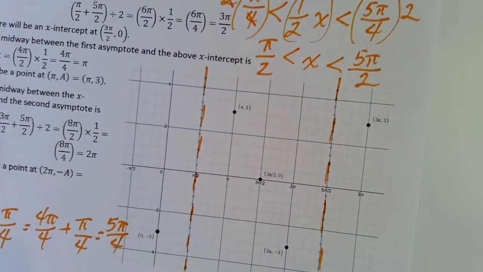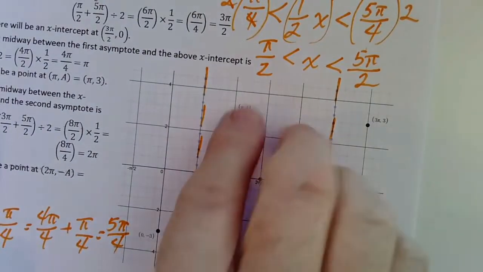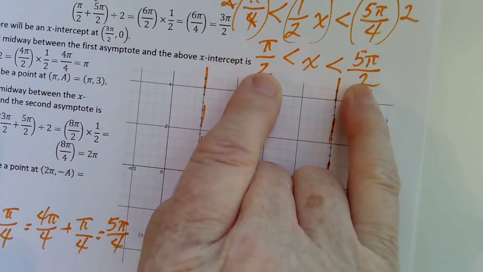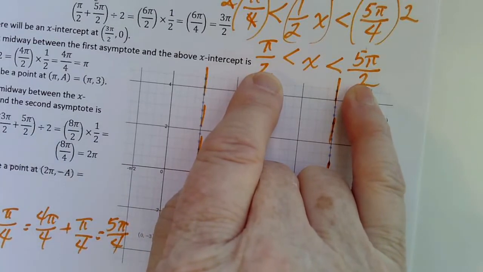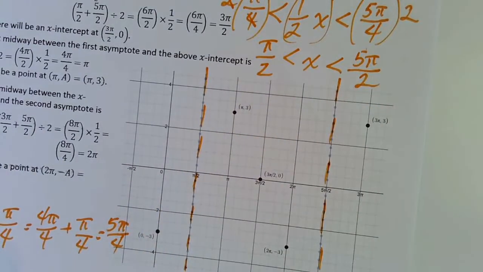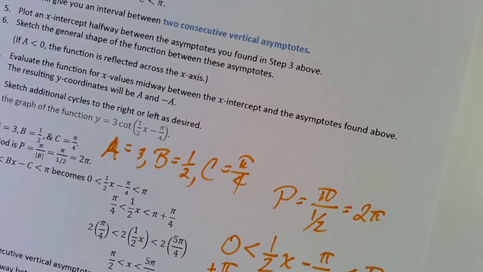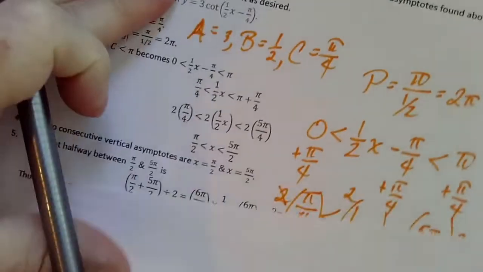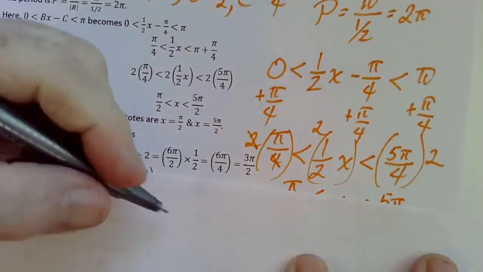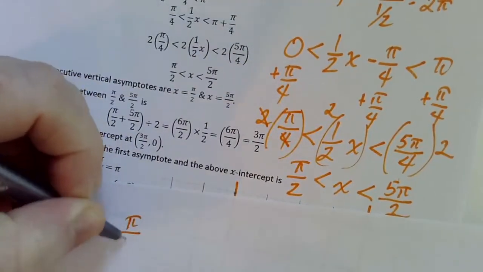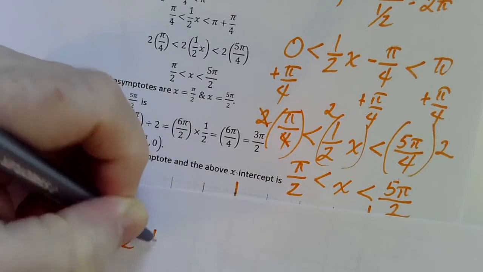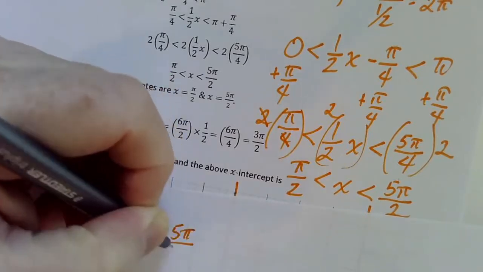Next, I want to find the point right in the middle between these values. That will give us the x-intercept. Let's see. So we've got pi over 2 plus 5 pi over 2.